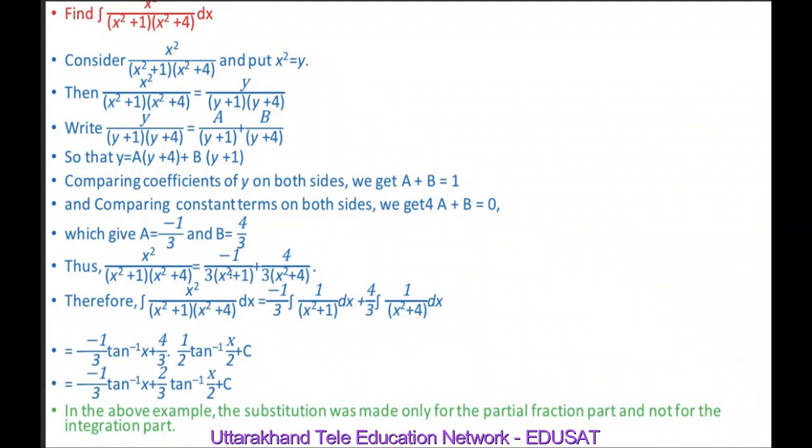You can do it in two steps also. First write y plus 1, y plus 4 here, substitute the values of a and b, and then substitute the value of y, which is x square. I have written it directly because y is x square, a is minus 1 upon 3 and b is 4 upon 3. So this given rational function is equal to this function.